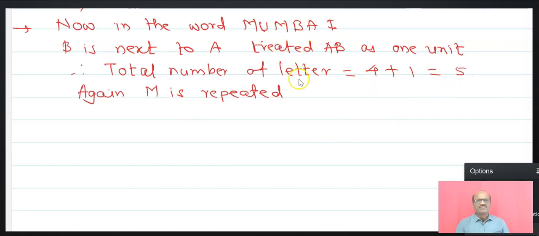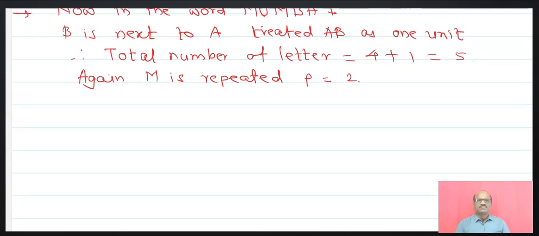Again, M is repeated twice. Therefore, these letters can be arranged as 5 factorial upon 2 factorial, as M is repeated 2 times, that is P is equal to 2.